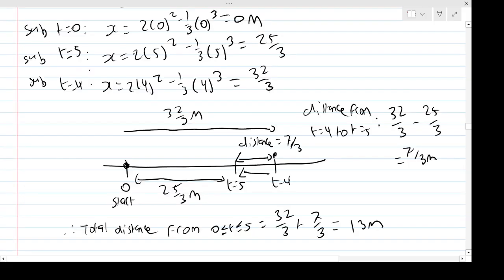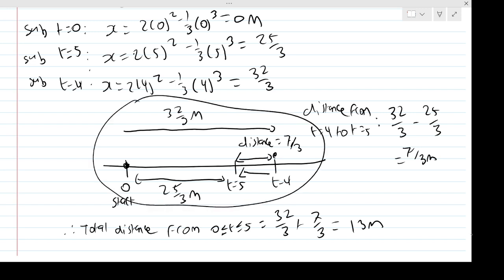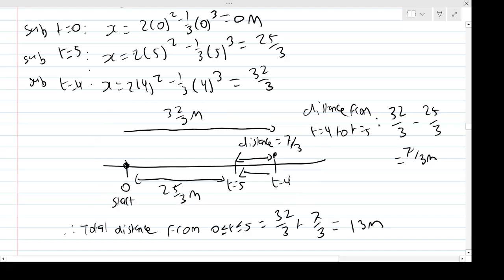So there are two different methods then, right? You could either, in this case, find the displacement formula, then sub the values in that you need, and then draw maybe a little diagram if it helps to spot the actual distances you need to consider, and then you just go from there. But I think this is quite a bit trickier, because displacement is quite a tricky concept to visualize, to see exactly how things move, because displacement can cancel.